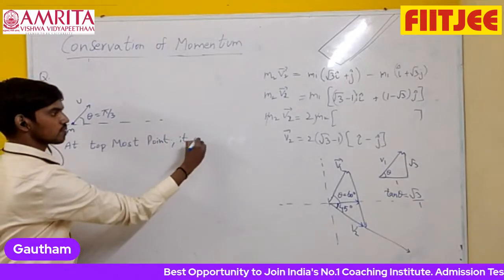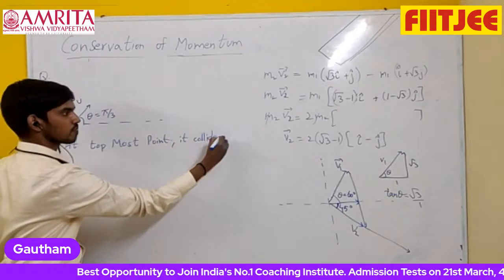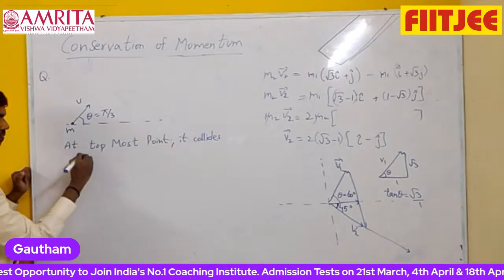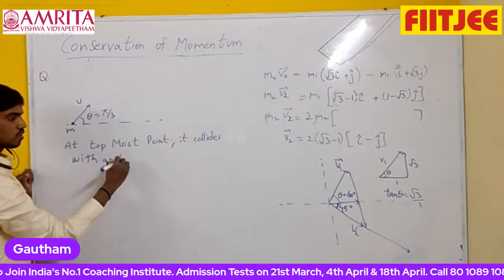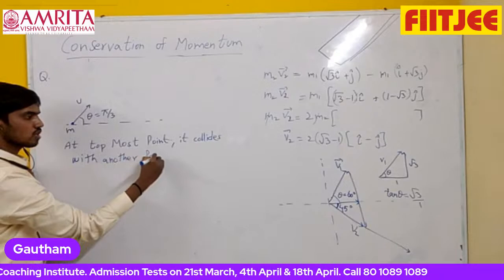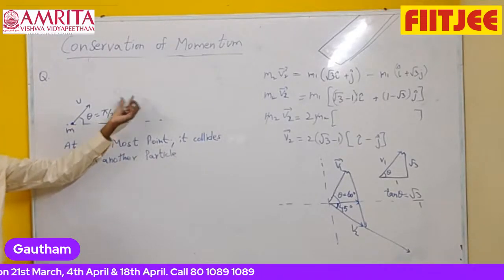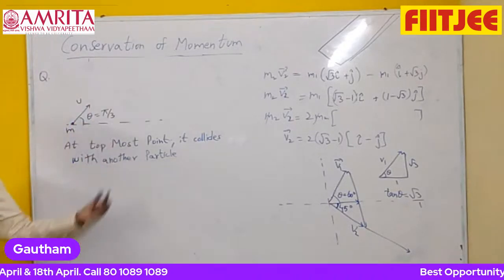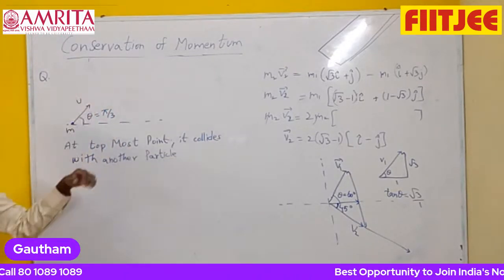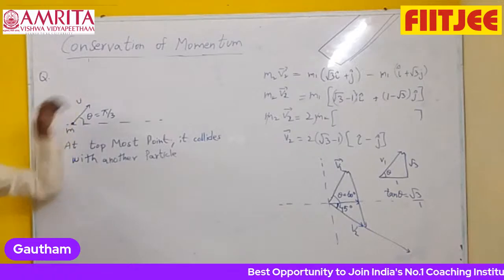It collides with another particle. So the other particle is also having the same velocity, like same magnitude of velocity u, and mass is also same, but direction is in I cap direction.